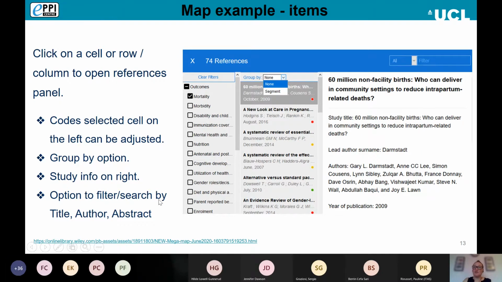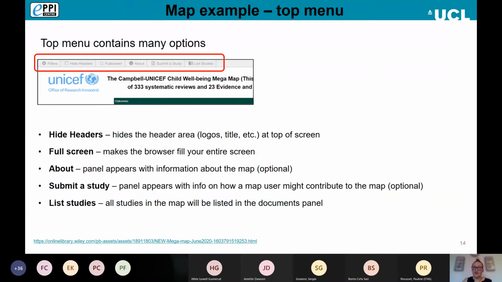People can also search within this list of items on title, author, and abstract. And you can also have it so people are able to export that list as a RIS file so that they could then import it into their own reference management software.